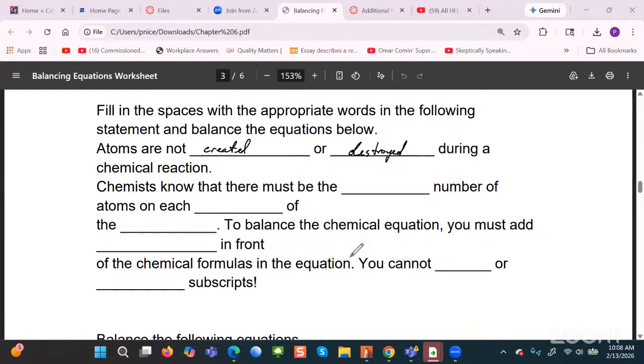Okay, so two persons say same. And I presume they're talking about this blank space. And I would agree. You could say same or equal number of atoms on each what? Okay, so somebody's saying side, which would go here, of the.